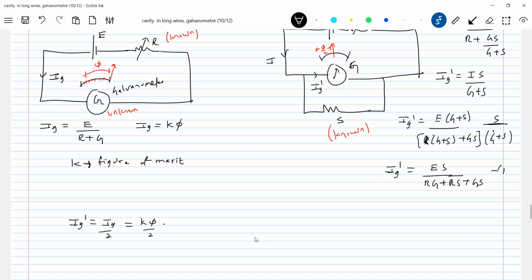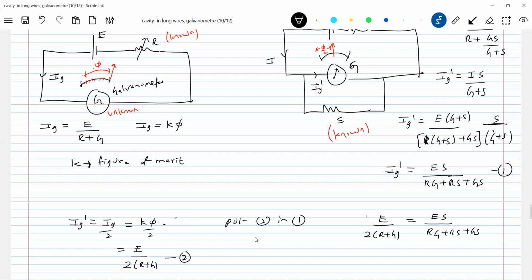Substituting this, putting equation 2 in 1, this will become K phi by 2 is equal to E by 2R plus G. Solving this, E will get cancelled, so RG plus RS plus GS.